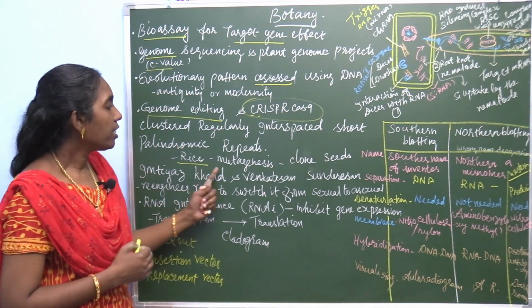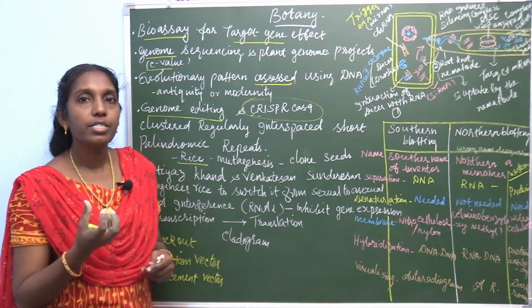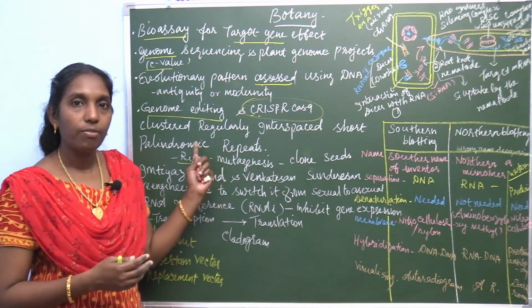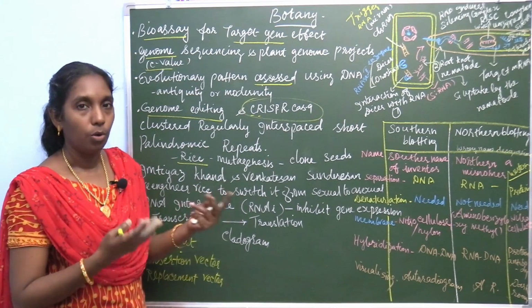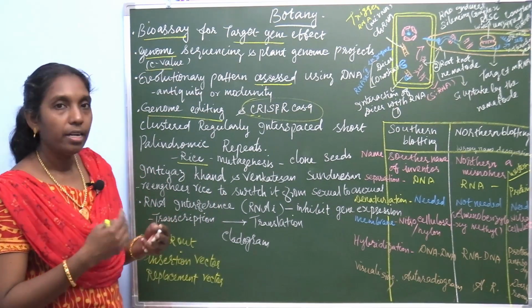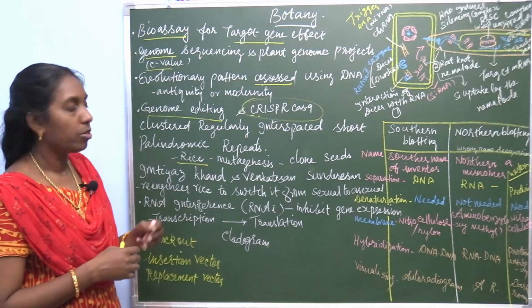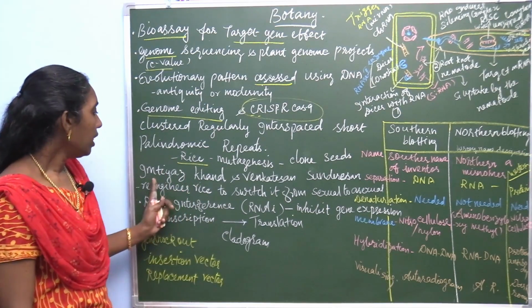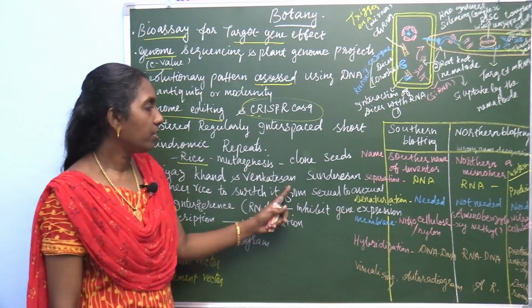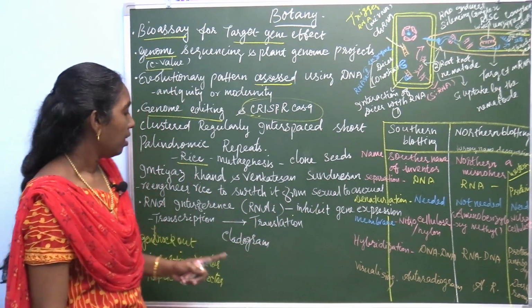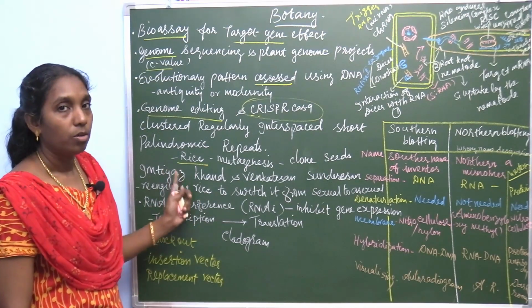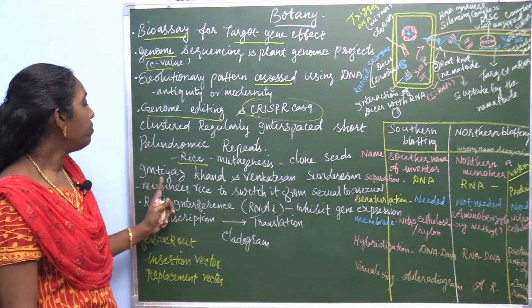In this rice mutagenesis, the rice seeds are cloned. It was demonstrated by Imtiaz Kant and Venkatesan Sundaresan. These names are important; either one name or two marks.